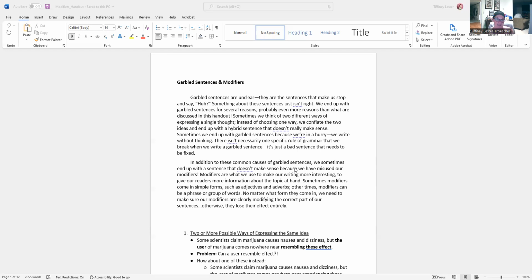Kind of related to that is also being in a rush, or maybe we have been writing and we get interrupted. And then we try to pick up where we left off and we don't quite get it right.